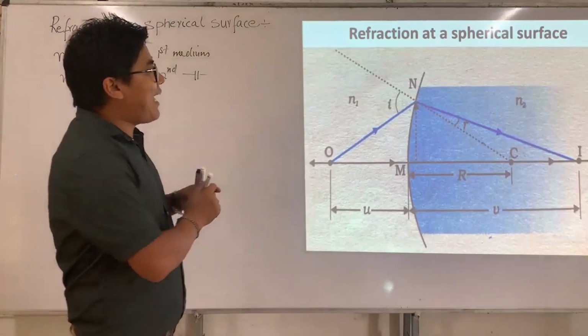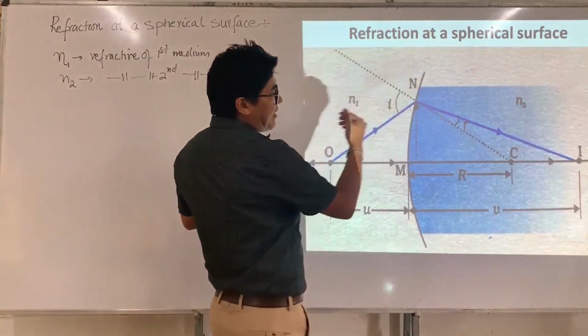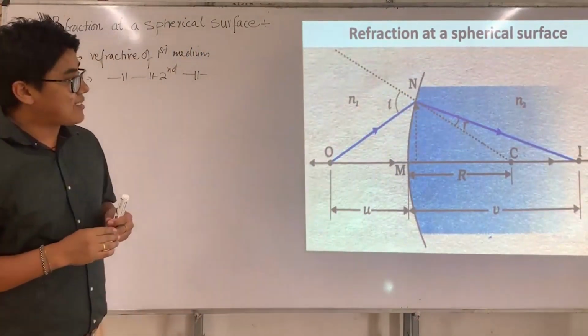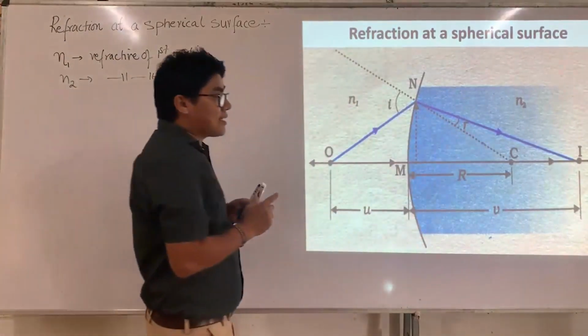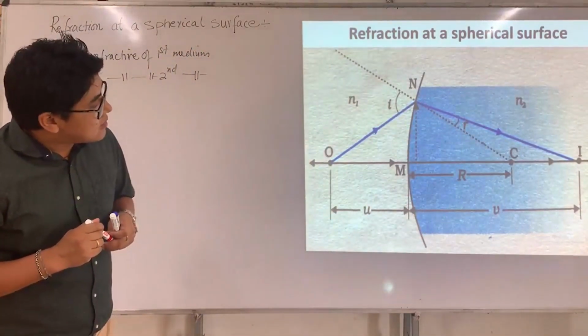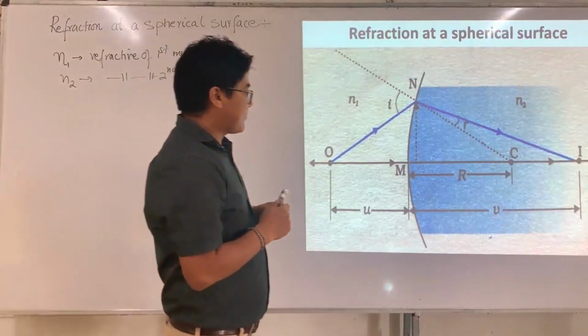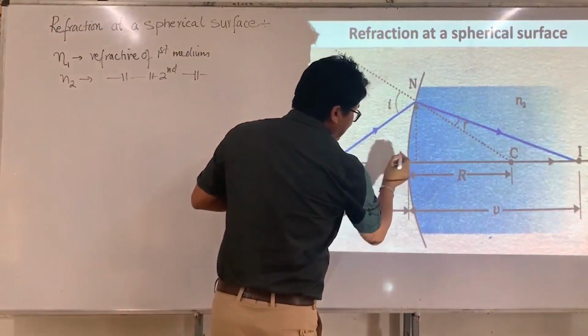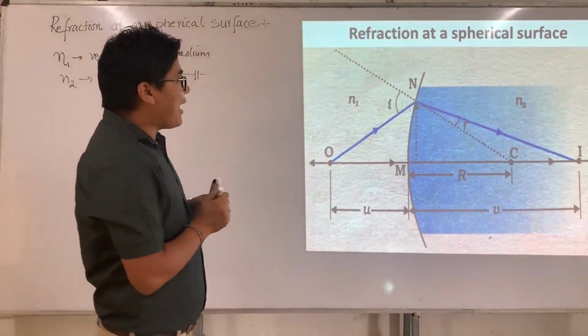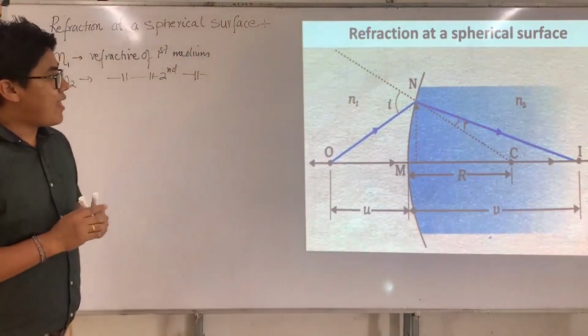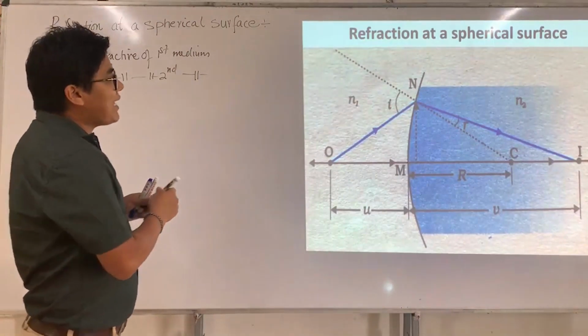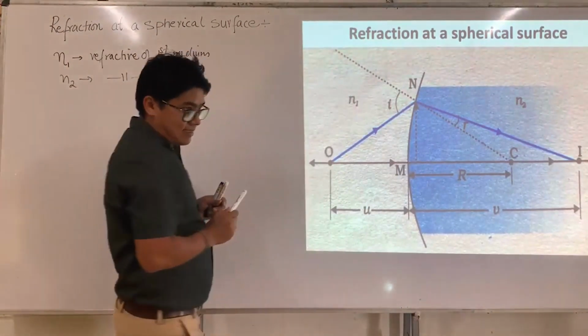I lies in the second medium, that is the glass medium, and C is the center of curvature, and R is the radius of curvature. Now look here. I is the angle of incidence.